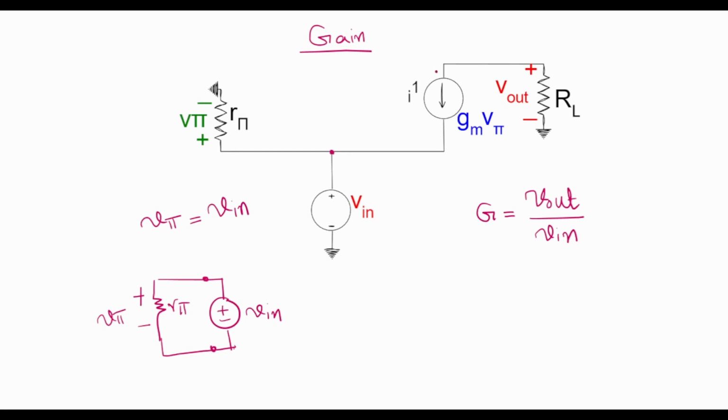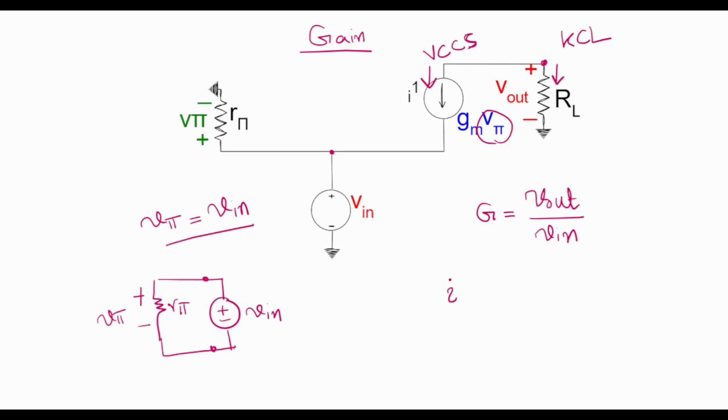Then we have this voltage controlled current source, VCCS, which depends on the voltage V pi, and V pi we already know is equal to V in. So at this node if I write KCL, then I know that the sum of these two currents, I1 and this current, should be equal to 0.